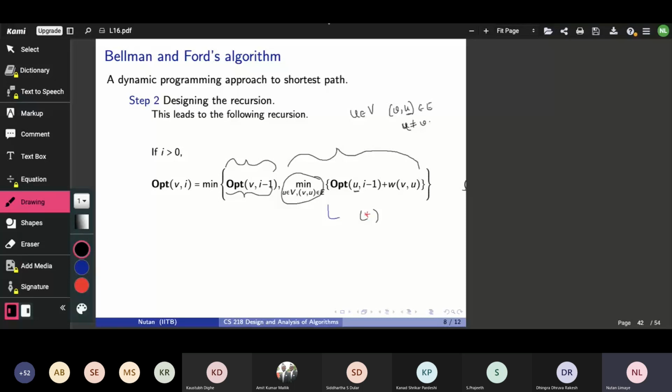There is one more question. Opt of v comma i minus 1 means at most i minus 1 edges, which has to be included in opt of u comma i minus 1 too, right? If from v itself there is a path of length at most i minus 1, then from u it may be only of length i minus 1 or lower.